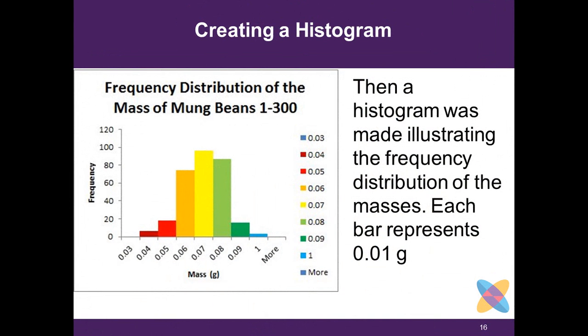All right, once the bins were created and the beans were counted, this is the histogram that was created. Each bar represents a bin from 0.01 to 0.019 grams.